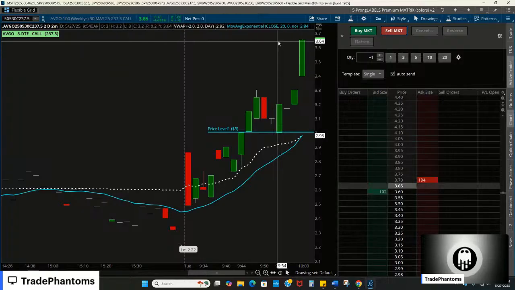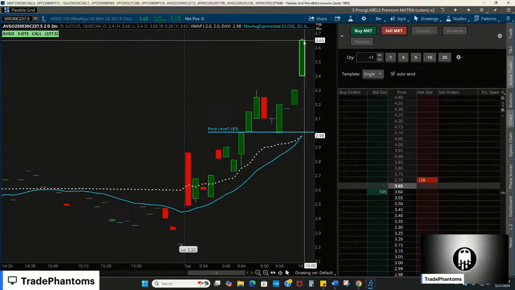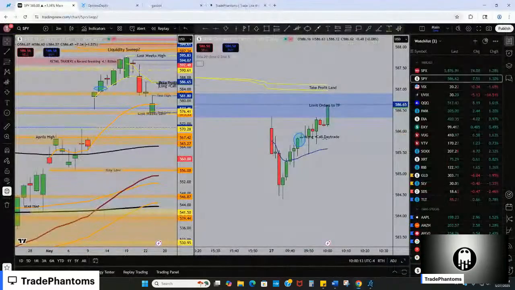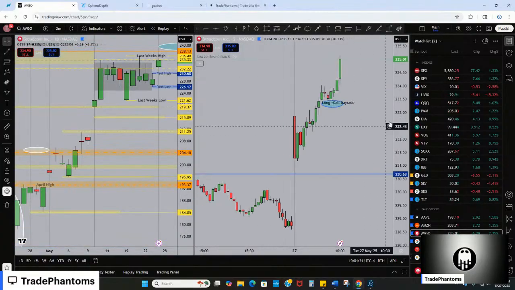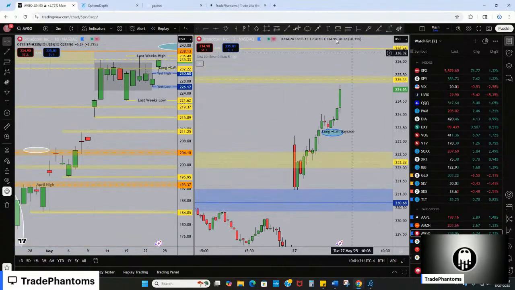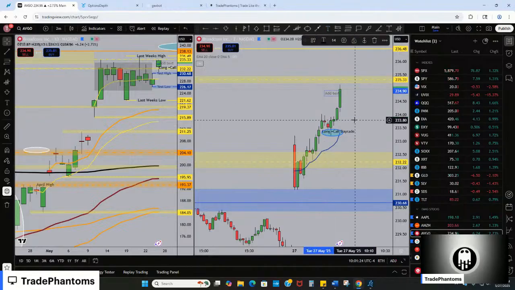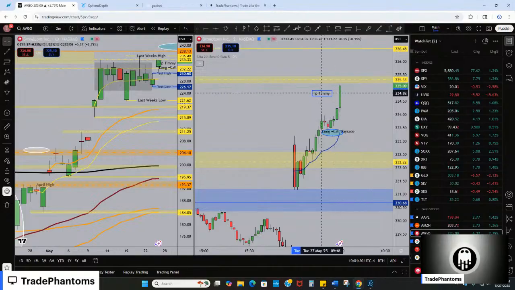All right, nice little snag here on AVGO. TP means take profit.